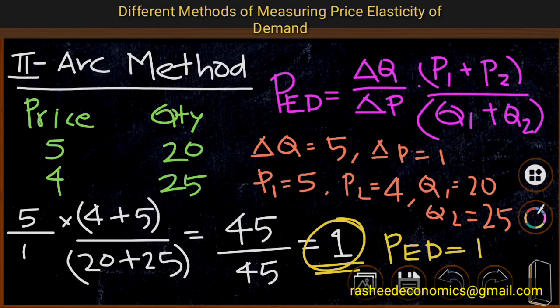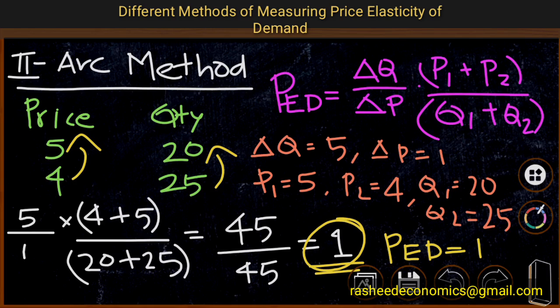Suppose we calculate the movement of price from 4 to 5, and quantity decrease from 25 to 20, then also we will get the same value for elasticity of demand. In such a situation also we are going to get the same value.